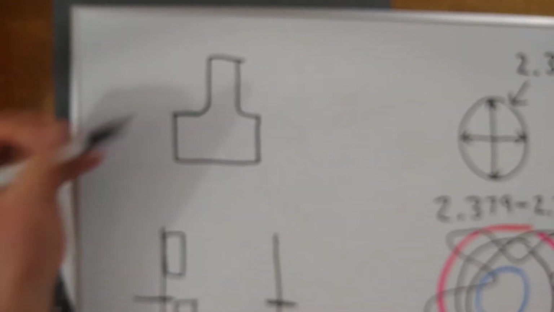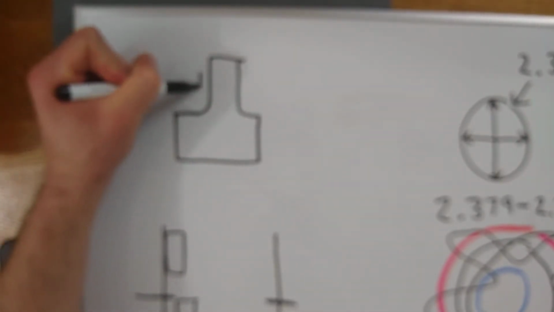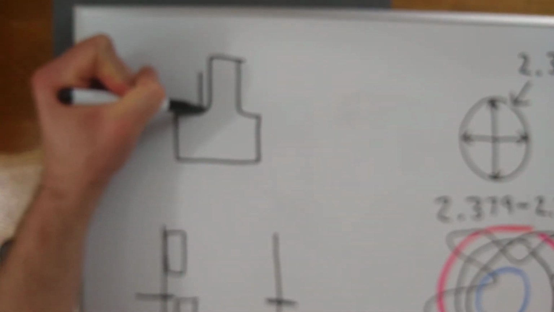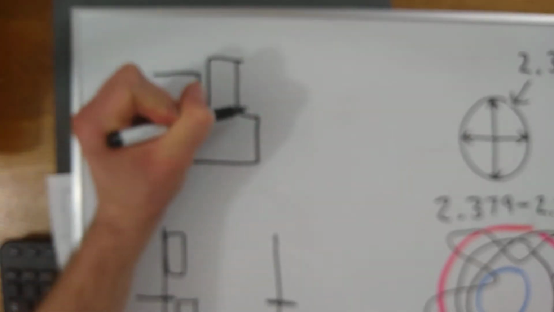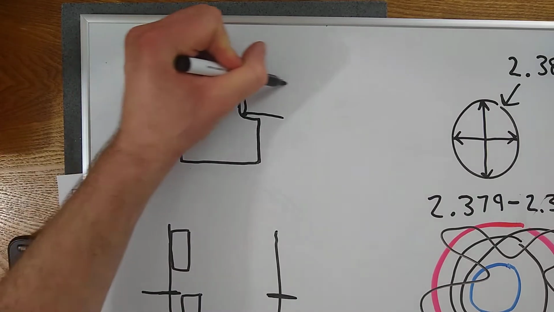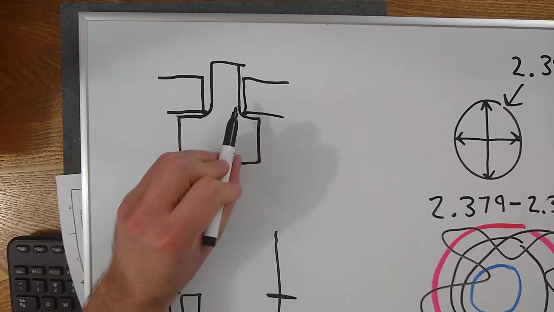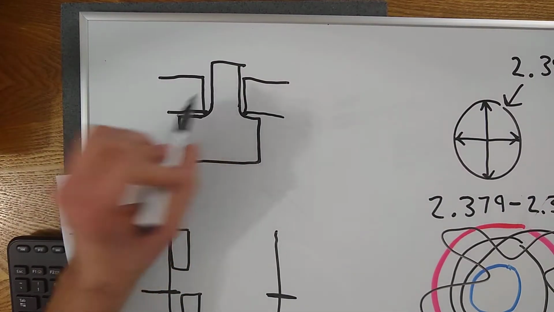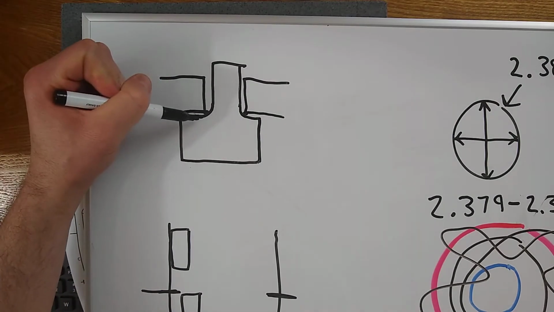So if you end up putting your micrometer here, you're going to get a false reading again. You're going to be above the true diameter. So you're going to have to verify this radius is in spec.